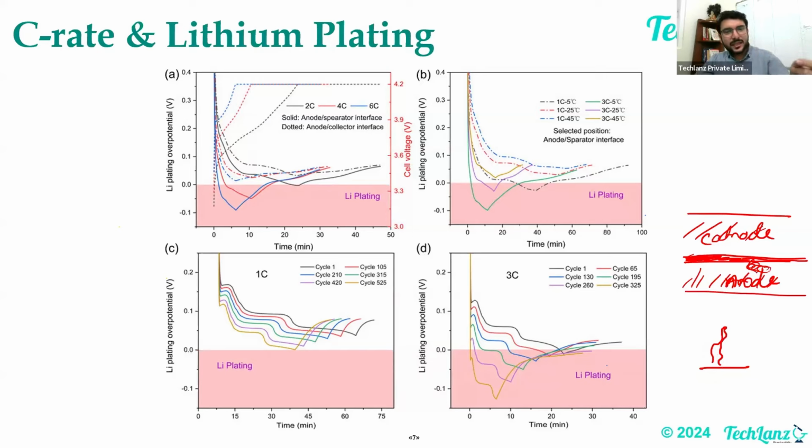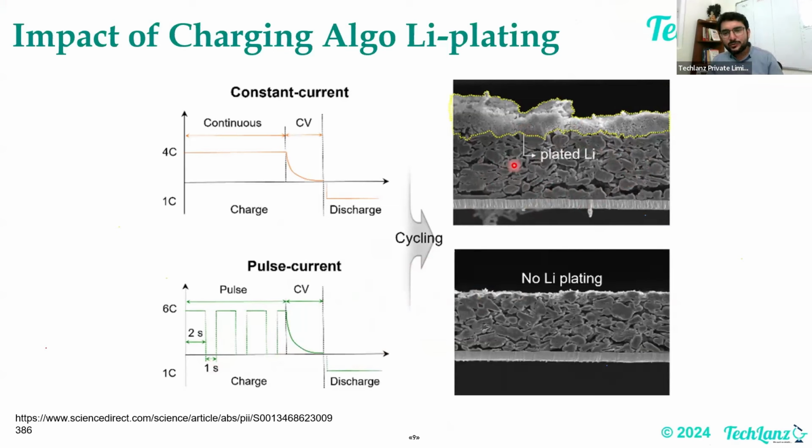You give a very fast charge and then an intermediate relaxation. The time is there for ions to diffuse, because this is your surface, this is your anode, and the ions are supposed to diffuse inside internally. So when you give a 1 second gap in between, the ions diffuse internally, and that is how lithium plating does not happen. So from the plating perspective, pulse charging is better than constant current charging.